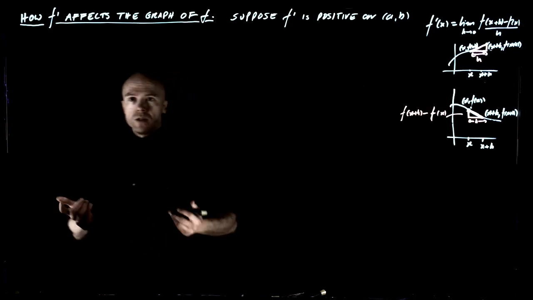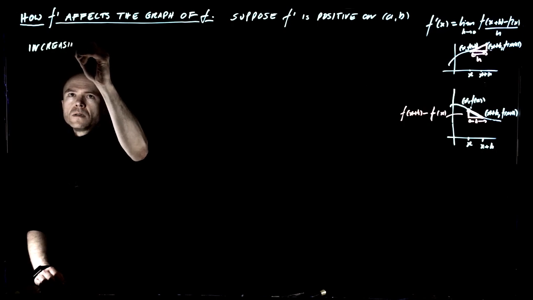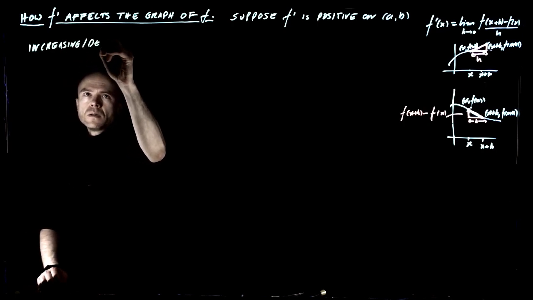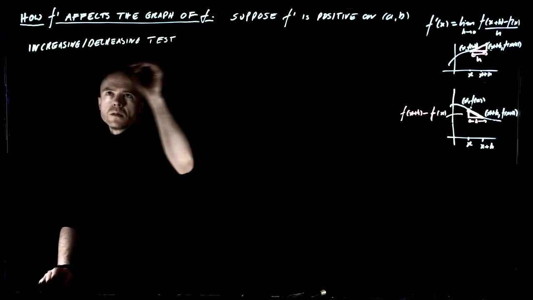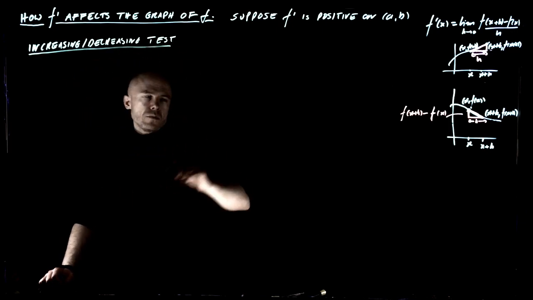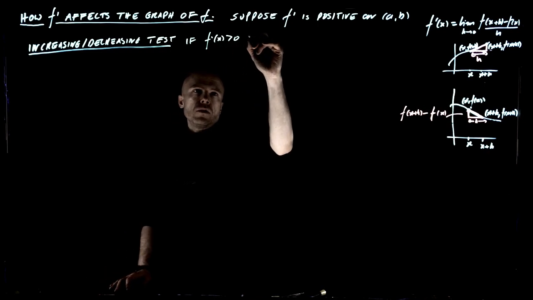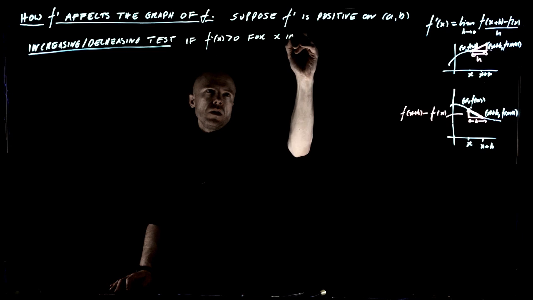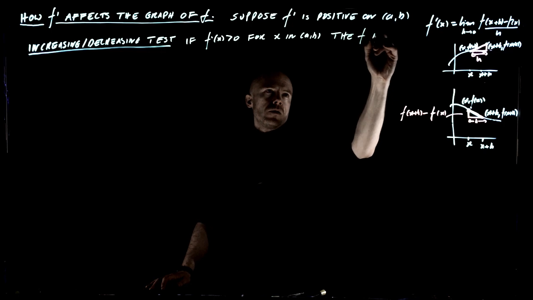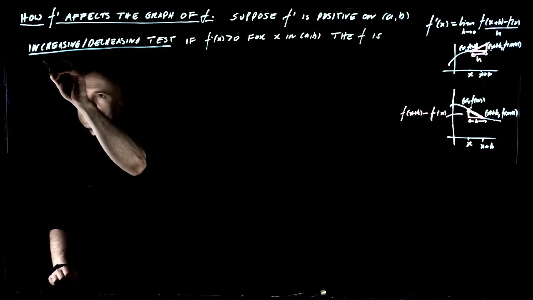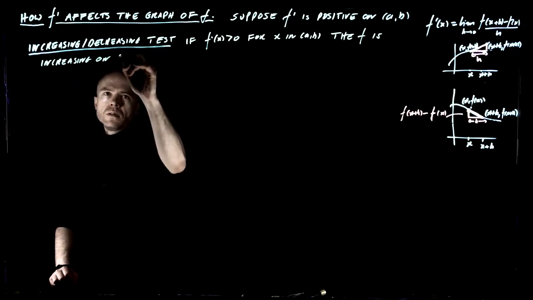So, increasing, decreasing test. If f prime of x is bigger than 0 for x in the interval a, b, then f is increasing on a, b.